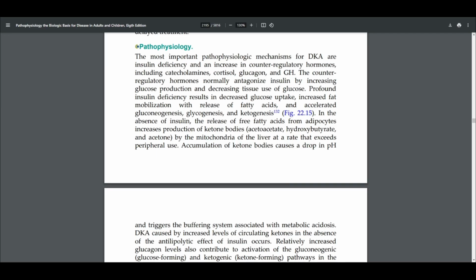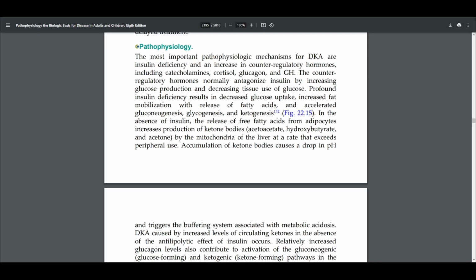The counter-regulatory hormones normally antagonize insulin by increasing glucose production and decreasing tissue use of glucose. Profound insulin deficiency results in decreased glucose uptake, increased fat mobilization with release of fatty acids, and accelerated gluconeogenesis, glycogenolysis, and ketogenesis.